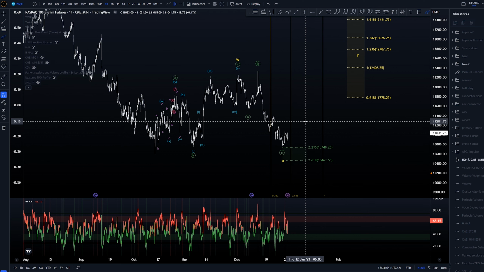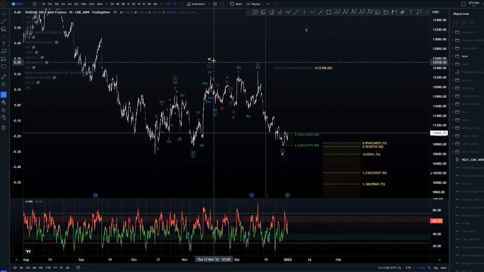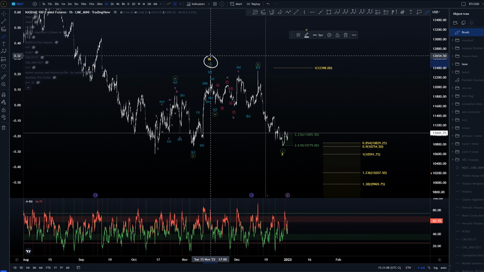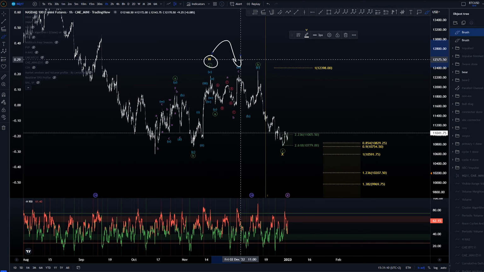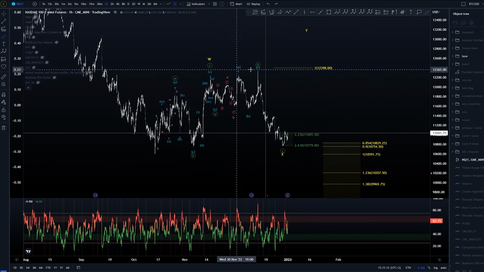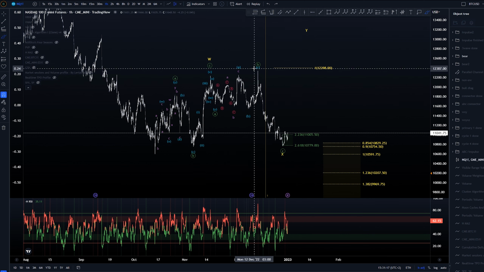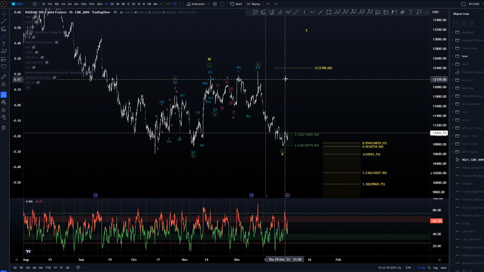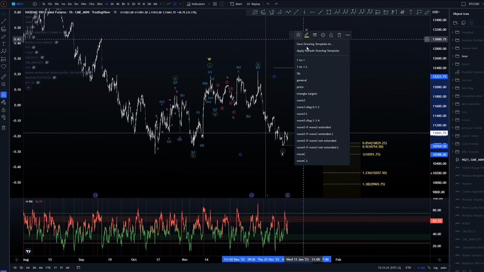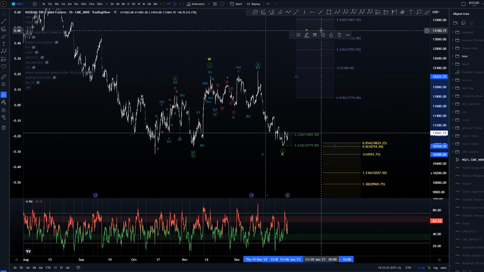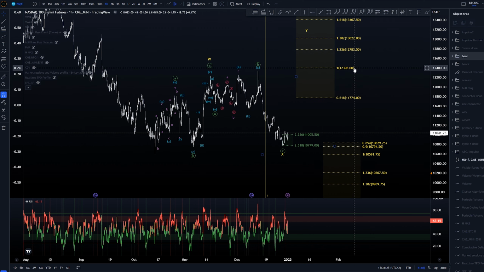The other bearish scenario is indeed having the wave W in here instead of here, so it doesn't really matter overall. Both are targeting the wave Y a bit higher, so that would be around here, around 12.4k.